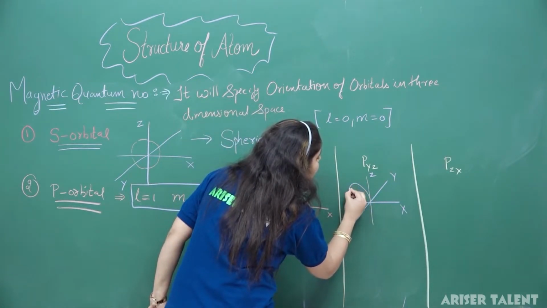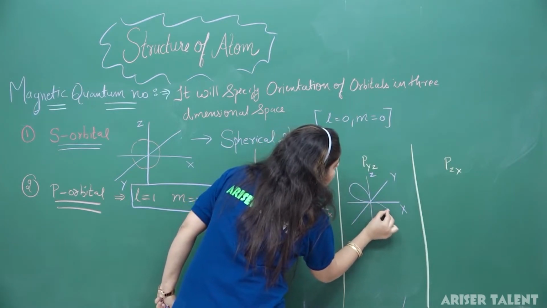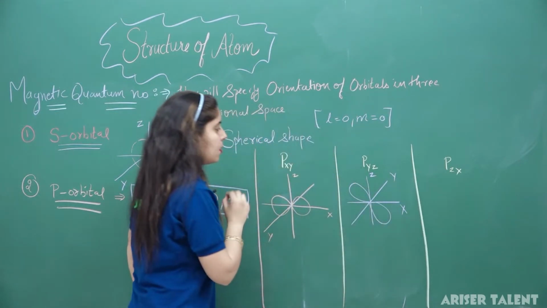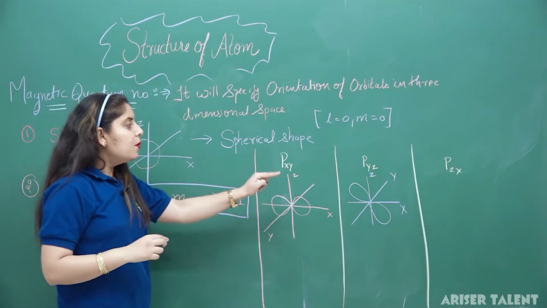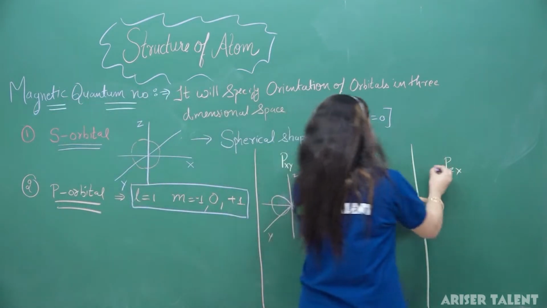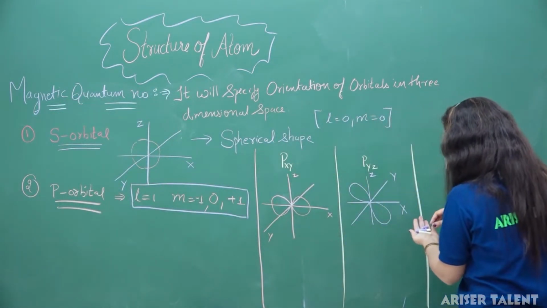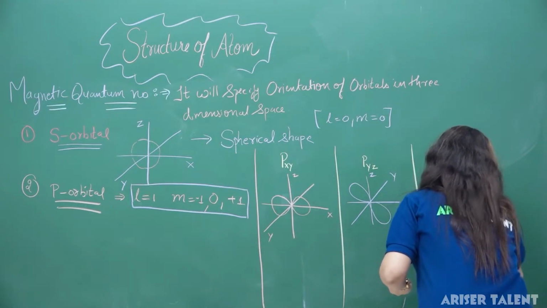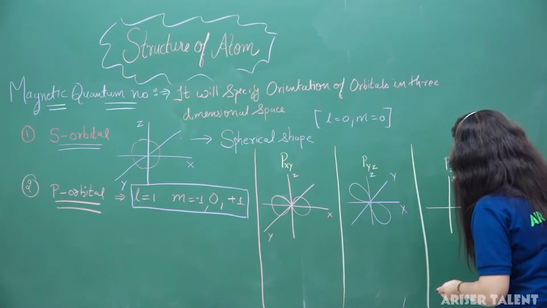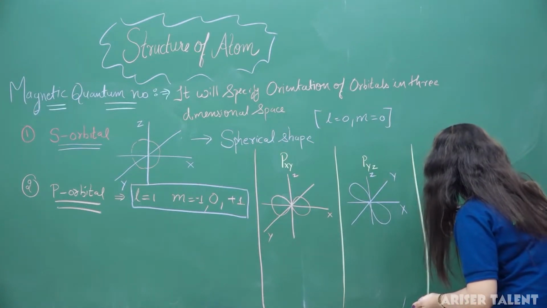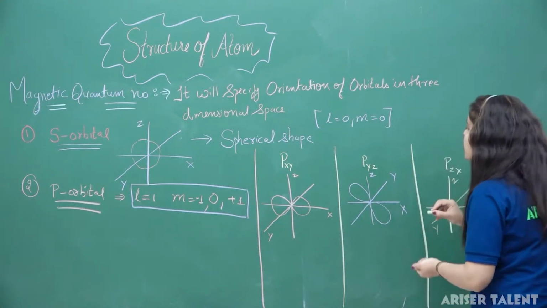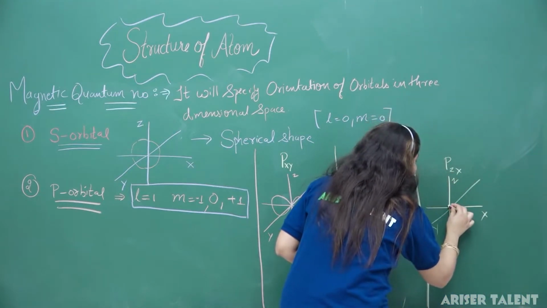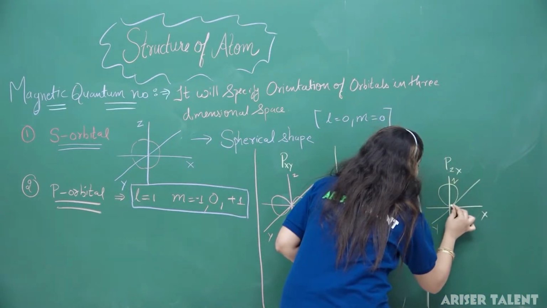We will get one lobe here and one lobe here. Now proceeding to our third case, p zx. What will be the shape of the orbital in case of p zx? Again we will draw the x-axis, z-axis and this is our y-axis. So the shape of the orbital in this case will be p zx.